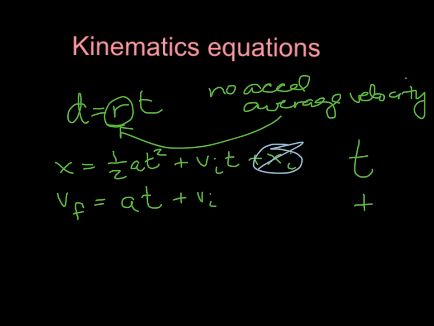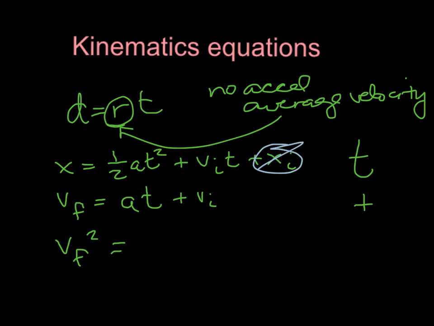And the last one, which is actually very handy. This one, if you don't know the time and you don't want to find it because you would use it in the first instance, and if you look at the first instance, ooh, yuck, that's a quadratic equation. Yes, this is a quadratic equation too, but it's usually easier to solve.